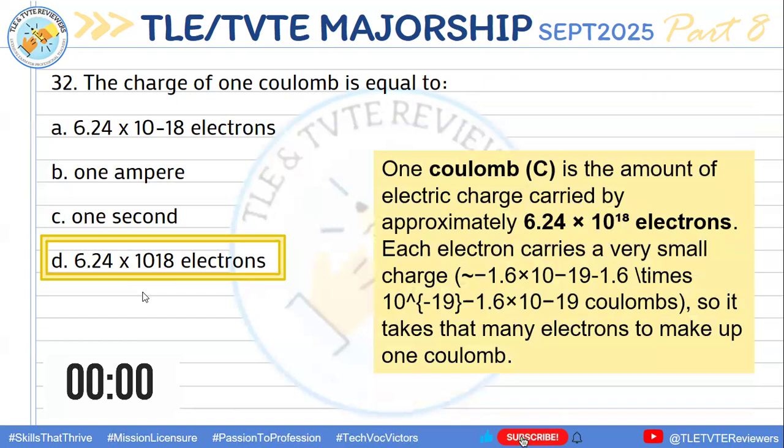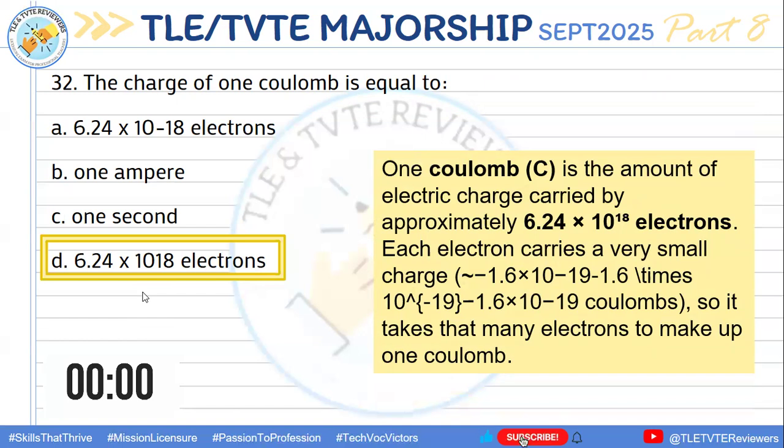One coulomb is the amount of electric charge carried by approximately 6.24 by 10 raised to the power of 18 electrons. Each electron carries a very small charge, so it takes that many electrons to make up one coulomb.